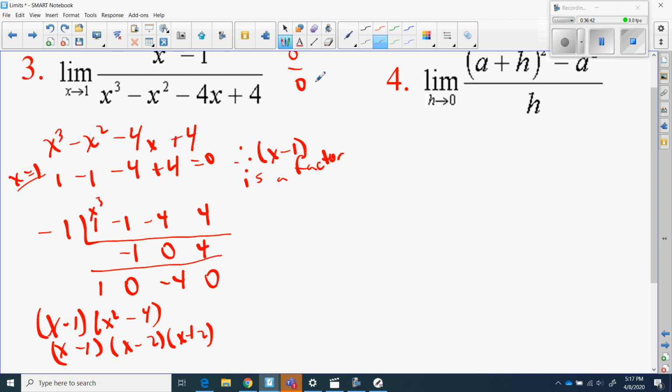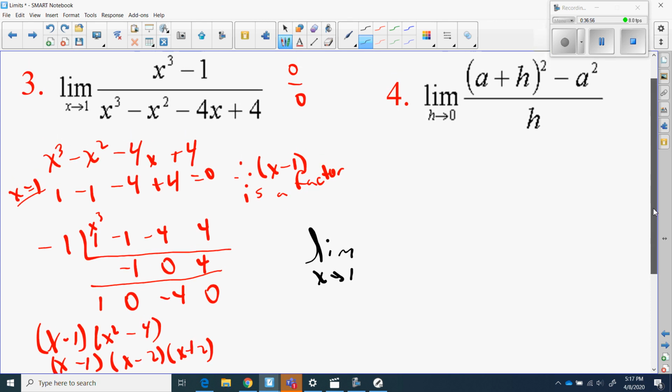All right, so I'll come over here and rewrite this question now that I've done all that work to factor the denominator. And if we look at the original question, it was x cubed minus 1. So difference of squares on that would be x minus 1.